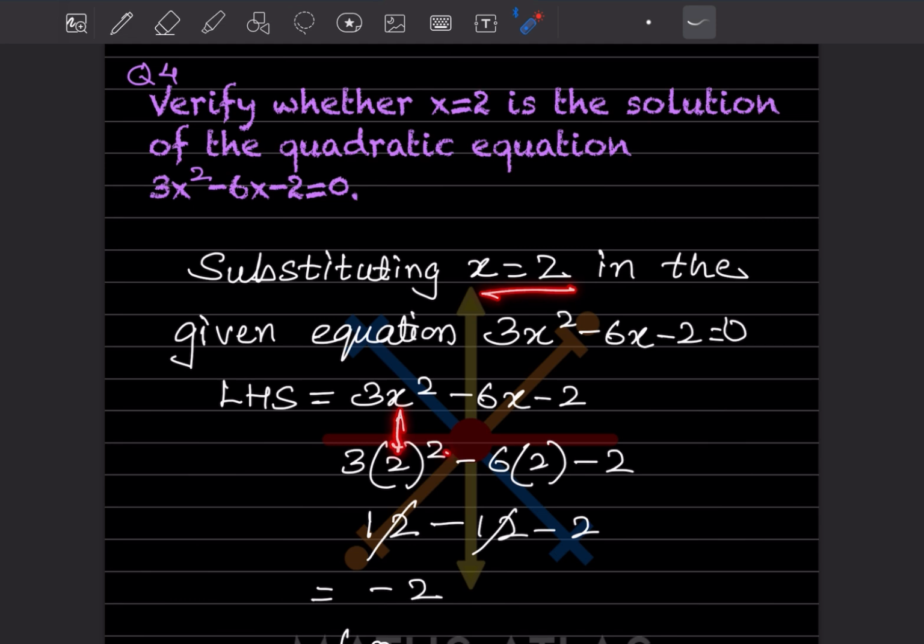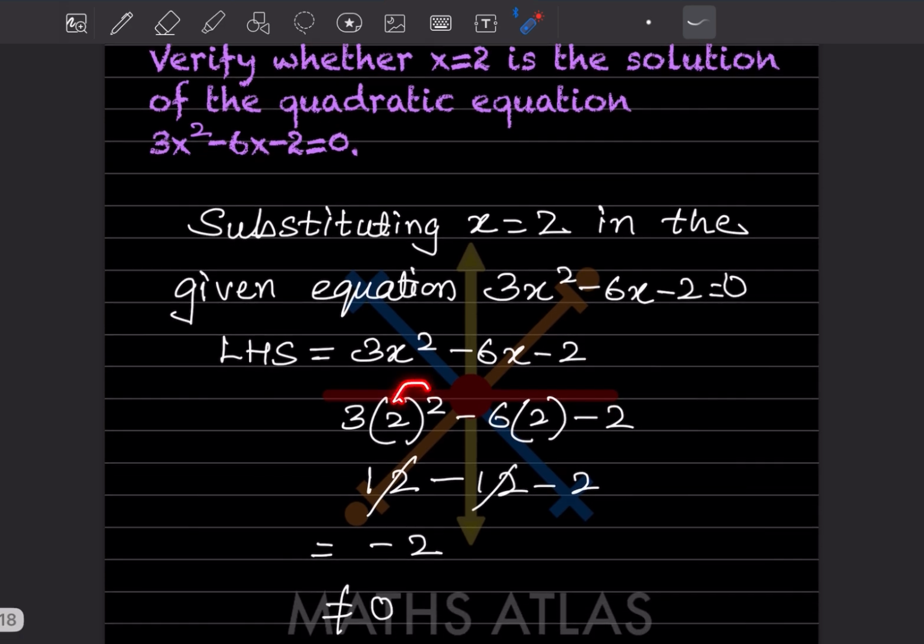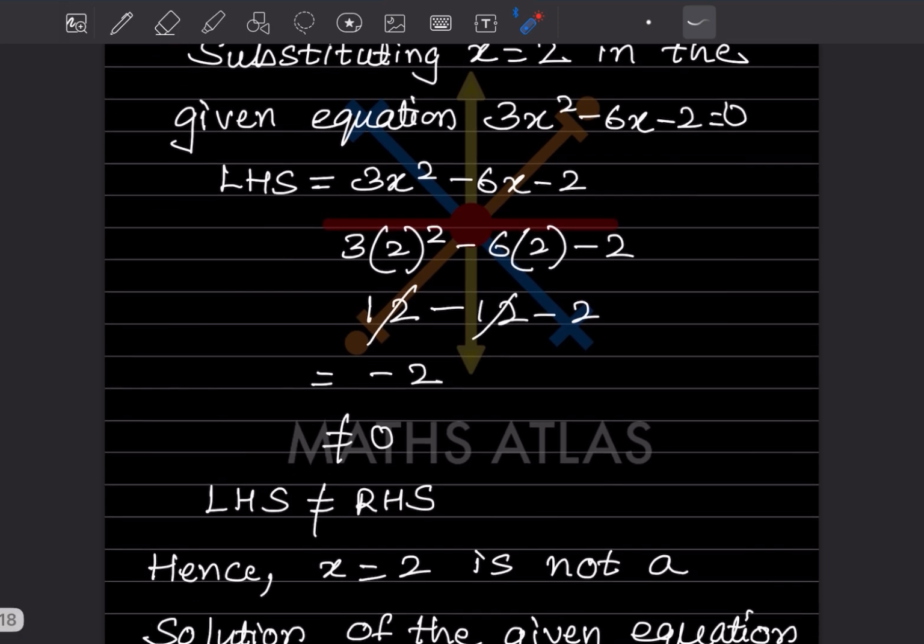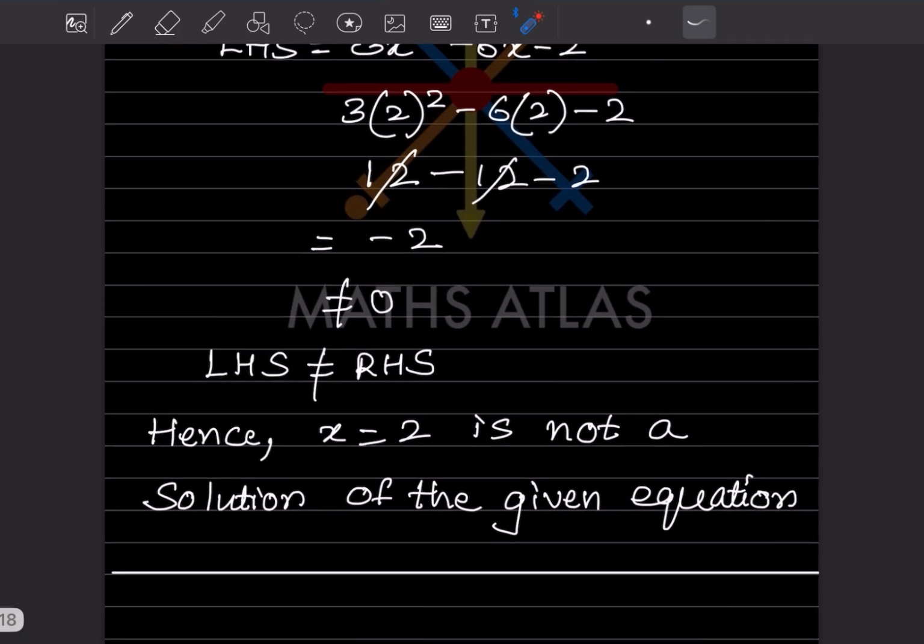So 2 square. All other things are going to be the same. So this is 4. 4 3s are 12. Again here minus, this is going to be minus 12. And this is minus 2. So what will you get? This and this get cancelled. So minus 2, which is not equal to 0. So we can say LHS is not equal to RHS. Hence we can say x is equal to 2 is not a solution of the given equation.